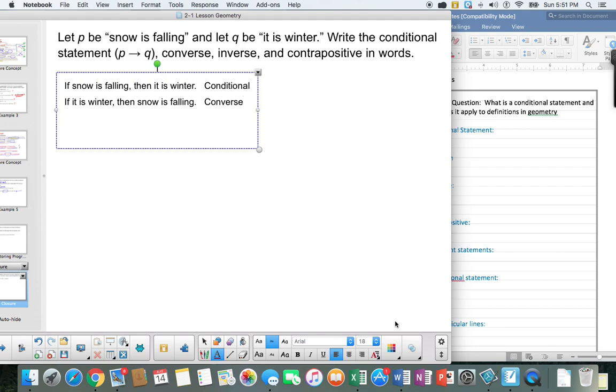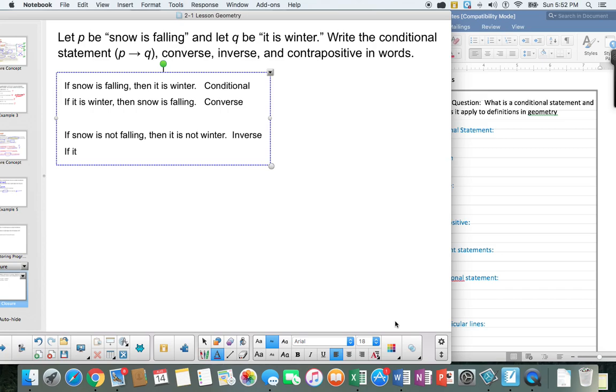Notice I switched locations. Okay, and then the inverse of the original: if snow is not falling, then it is not winter. And this is an example of an inverse.